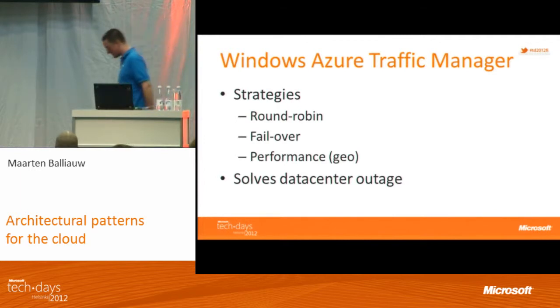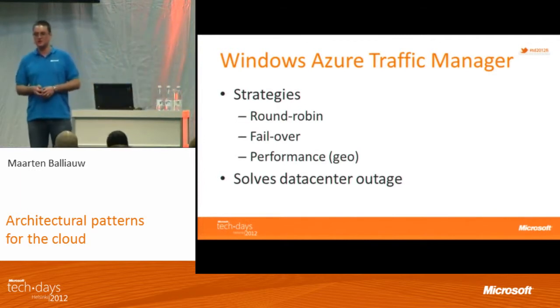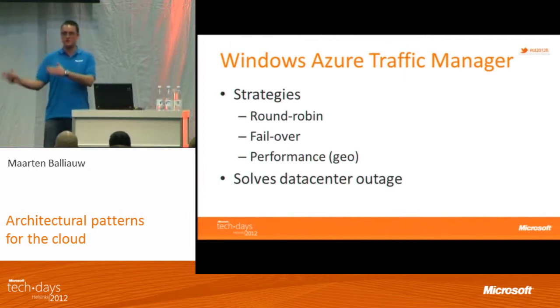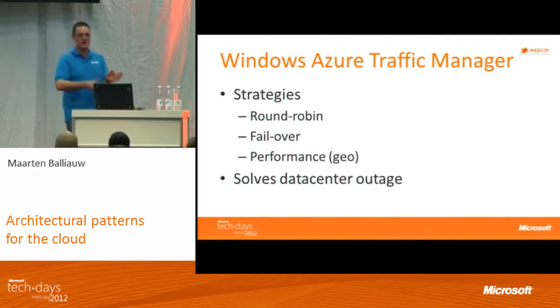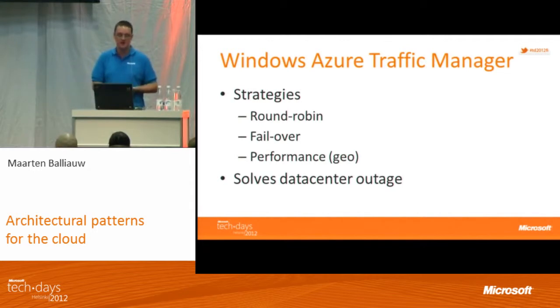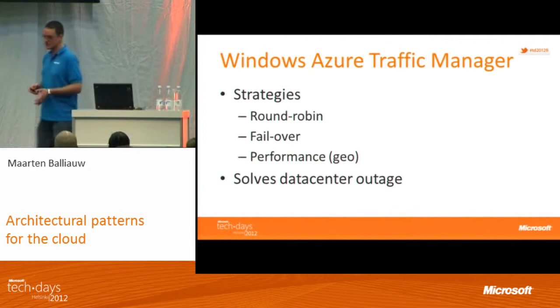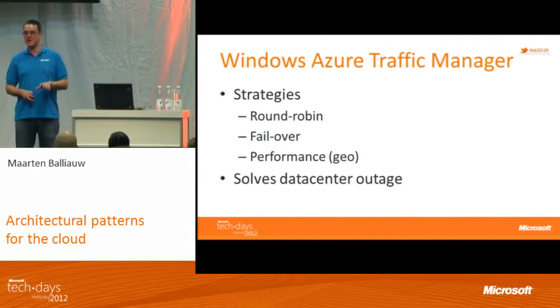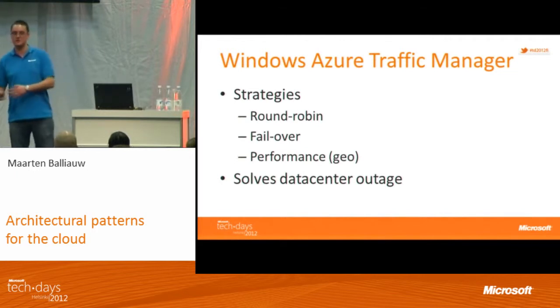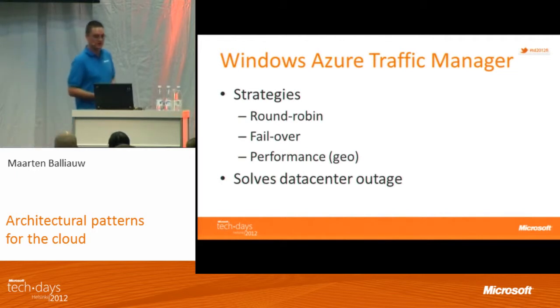Actually, Traffic Manager has 3 strategies that you can instruct it to use. One is round robin. Just one request goes there, next request goes there. There's also a failover mode, where you can instruct Traffic Manager to use one data center by default. And if that does not respond, for example, switch to the second one, or to the third one, or the fourth one.